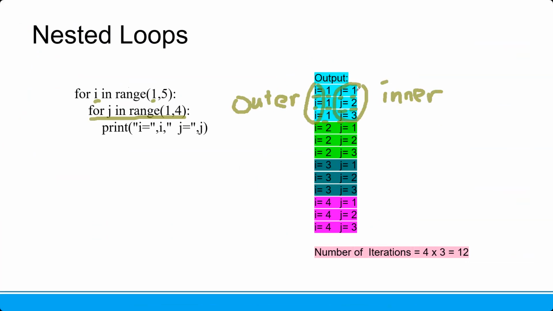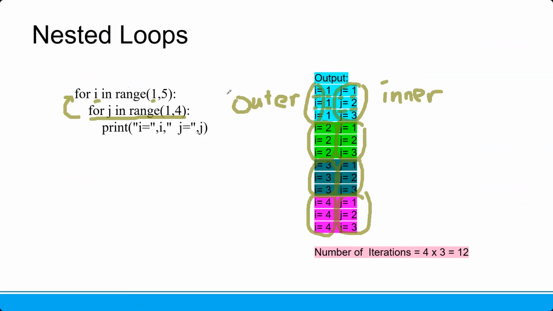After we finish the inner loop 1, 2, 3, we go to the next from the outer one. i becomes 2. When i becomes 2, j will start from 1 again, 2, 3, and then finish. Then it goes to the next, which is i equals 3, so j will be 1, 2, 3. And the next is i equals 4, and then j is 1, 2, 3.